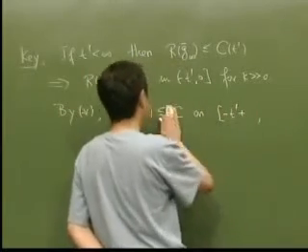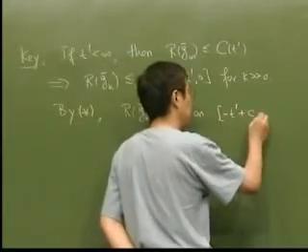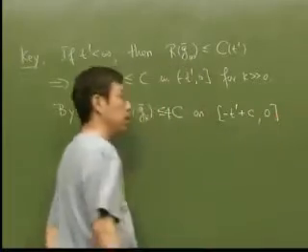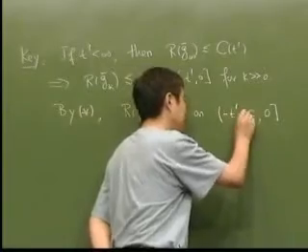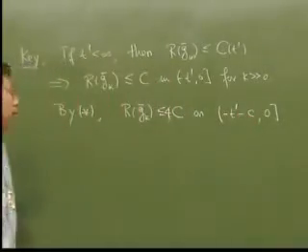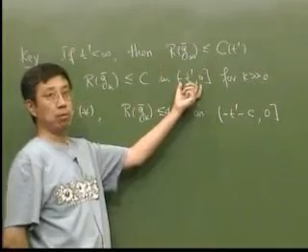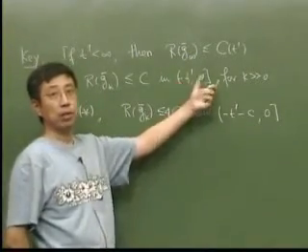Maybe I put 4 times here, it doesn't matter. So that means T prime is not the maximum interval on which the flow exists.